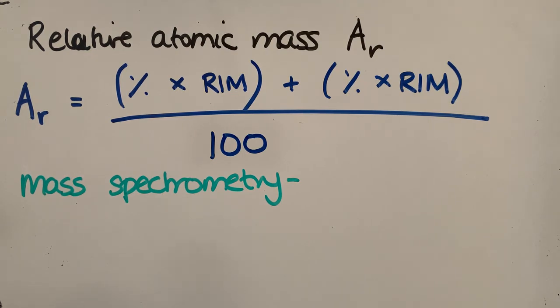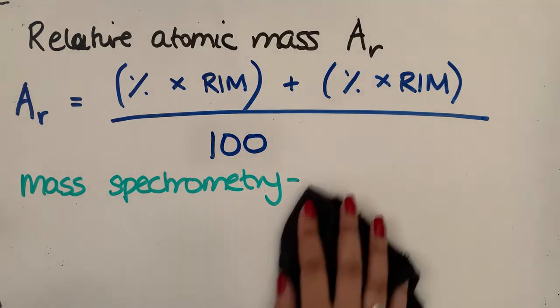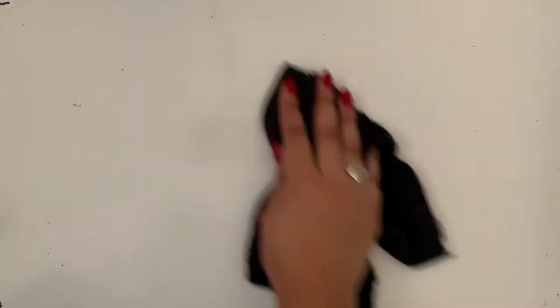Okay, so in this example, as I said, we're doing this for chlorine, and in this question, after the mass spec, we're given the percentage abundance of each isotope of chlorine.